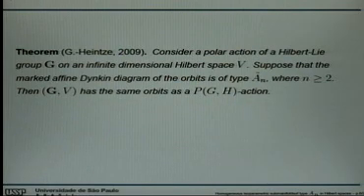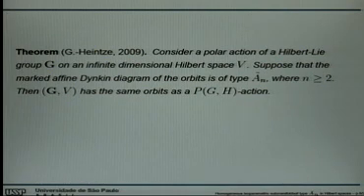And so the main theorem we have proved recently, we still have to check some technical details maybe, but it's essentially proved. So consider a polar action of a Hilbert Lie group. So this is boldface G to distinguish it from the other G. On an infinite dimensional Hilbert space, so then we know that the orbits, the principal orbits, are isoparametric.